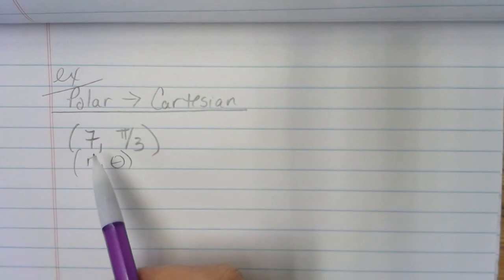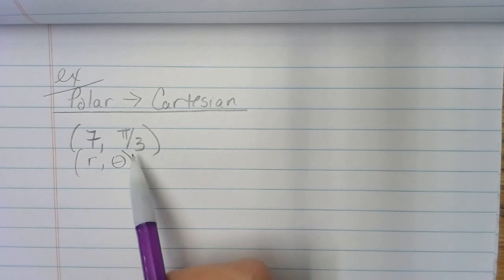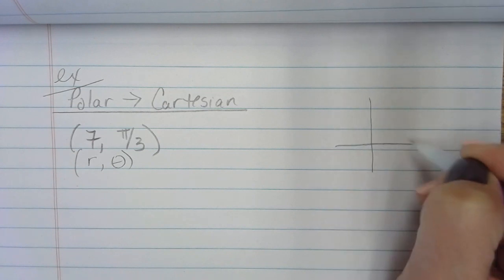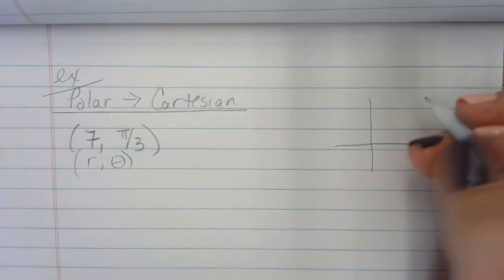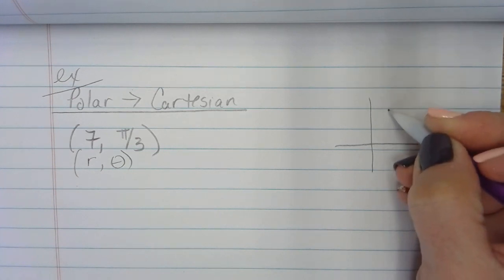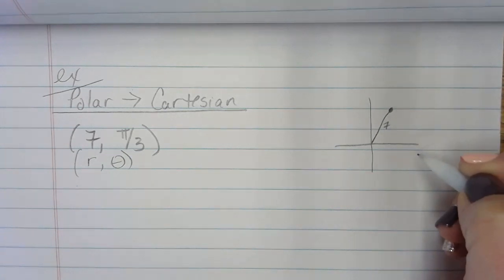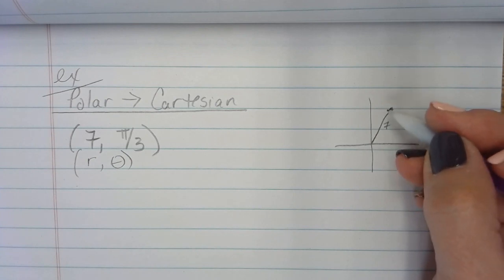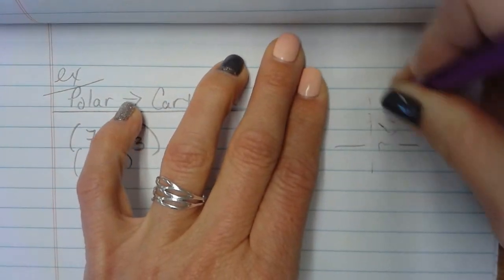So this is a circle of radius 7, and I'm looking at the angle pi over 3, which is 60 degrees, and a distance of 7. So it'd be somewhere up here in quadrant 1. That should help us know that our x-coordinate and y-coordinate, when we find them in Cartesian, should be positive.